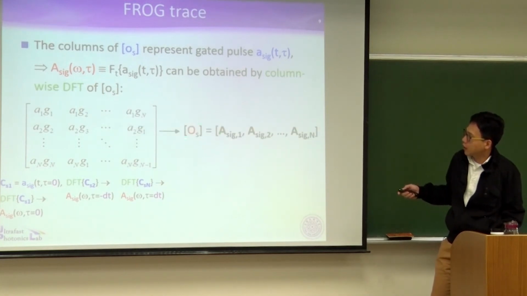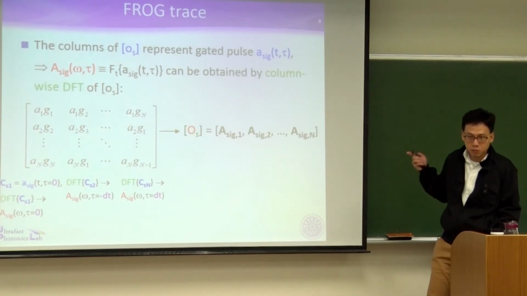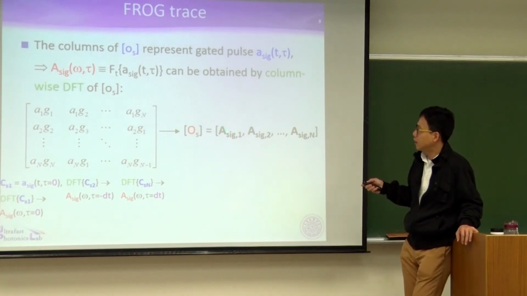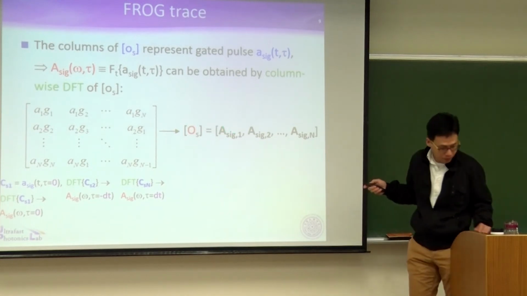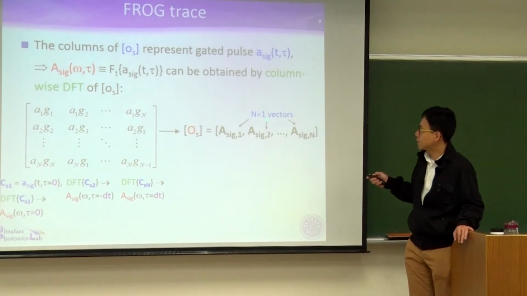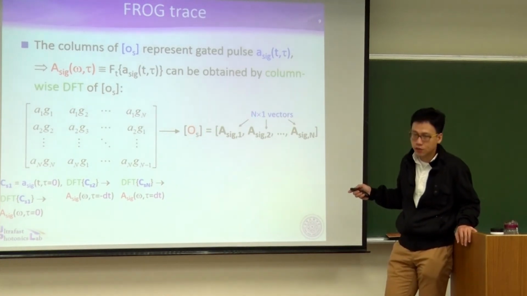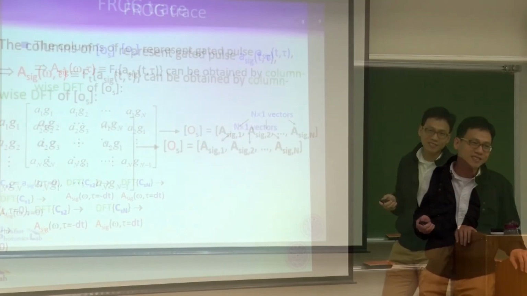So eventually you get a new matrix, big O sub S. Big O means in the frequency domain. And each column represents an n by 1 vector. So actually this is an n by n matrix.